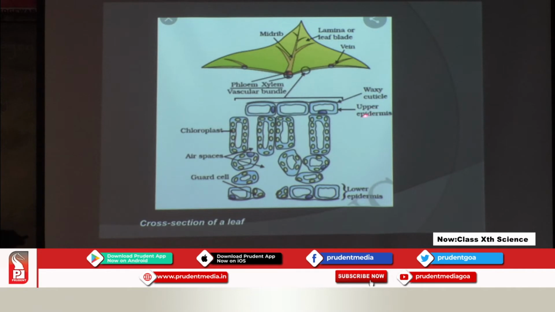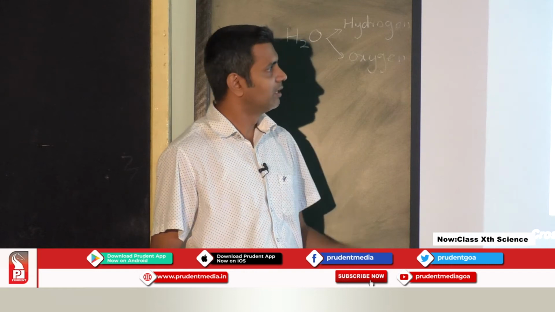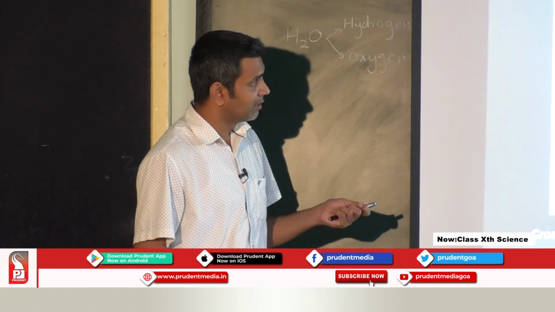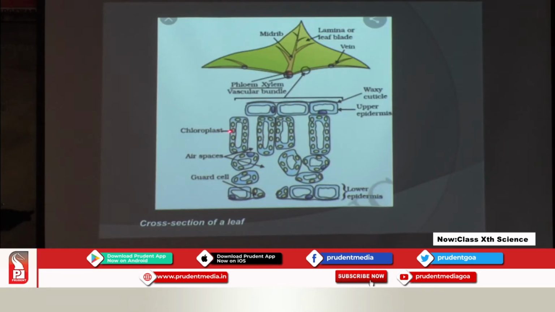Then we have the upper epidermis. This upper epidermis allows most of the light to pass. Green dots we can see, not the pigment. So, these green dots are known as the chloroplasts.